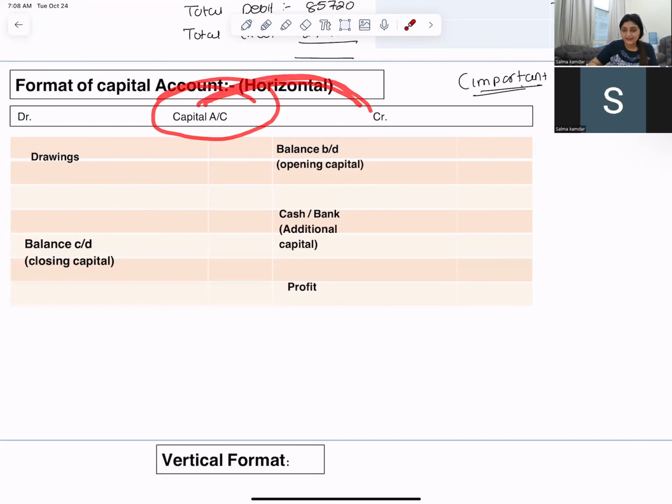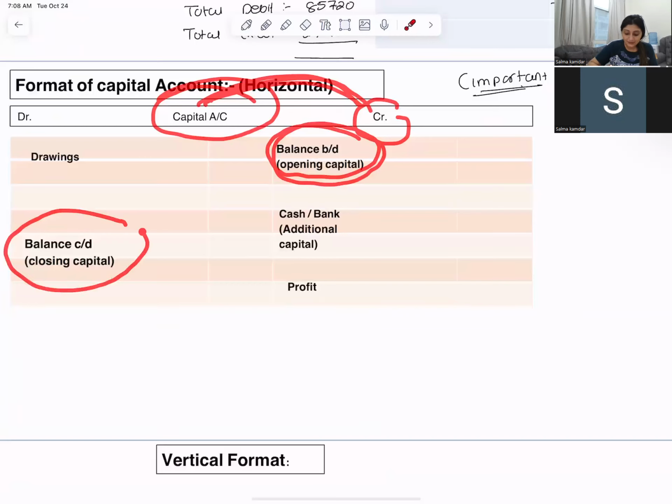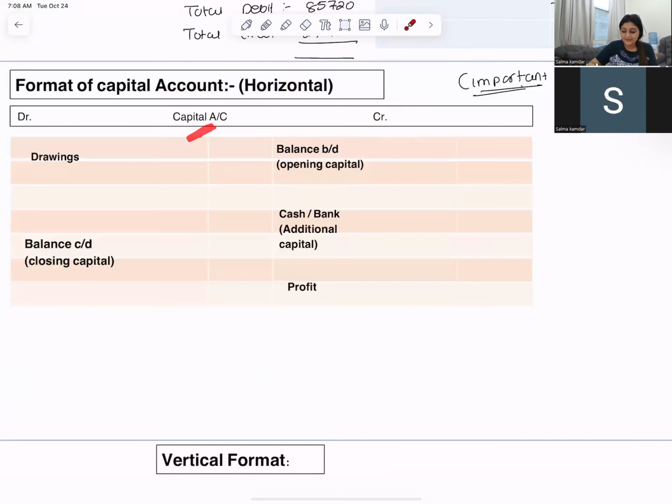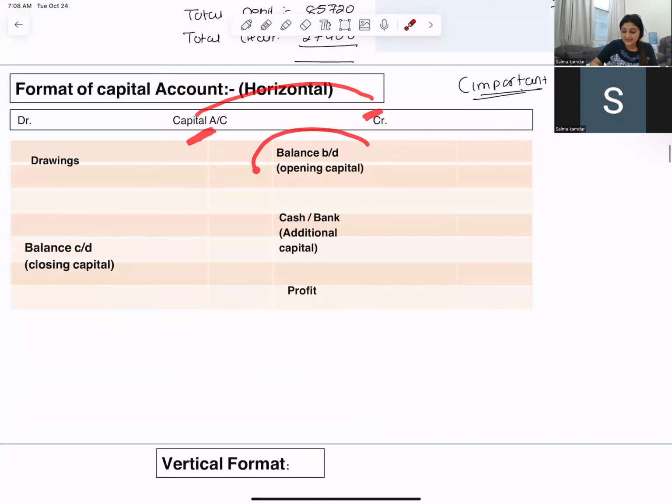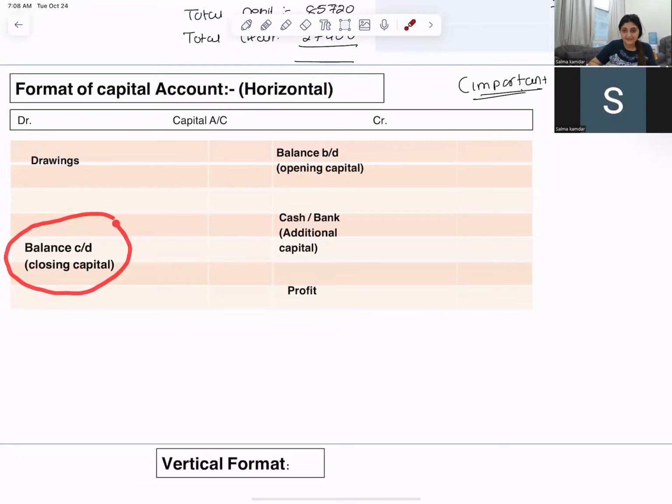Capital account always has a credit balance. Opening capital on the same side, closing capital on the opposite side. I'm repeating, C for capital, C for credit. Capital account always has a credit balance.